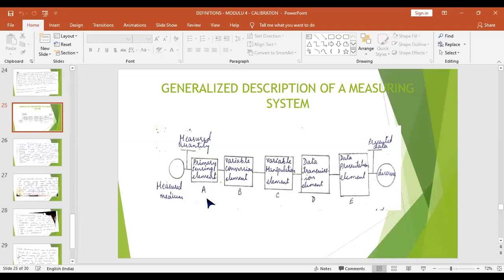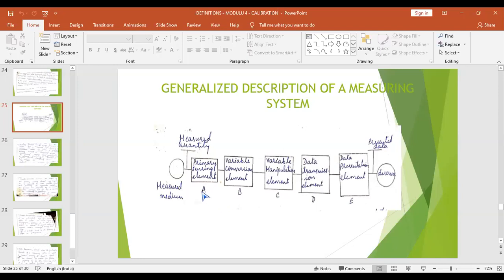The beam contains the 4 strain gauges. The function of the metallic electrical resistance strain gauge is that whenever you apply the load on the strain gauge, there will be a change in the resistance.